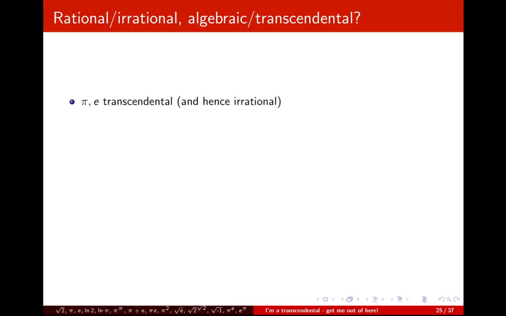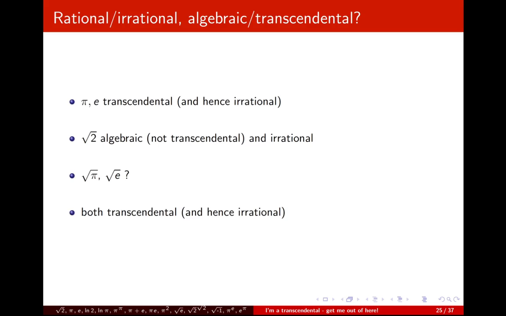So pi and e are transcendental, and hence they are irrational, which we have already said. The square root of 2 is algebraic. It's not transcendental, but it's also irrational. What about the square root of e and the square root of pi? Well, they are both transcendental and also hence irrational.